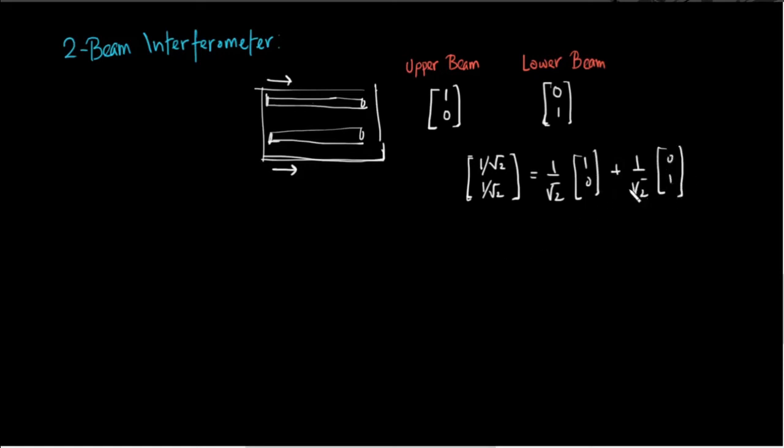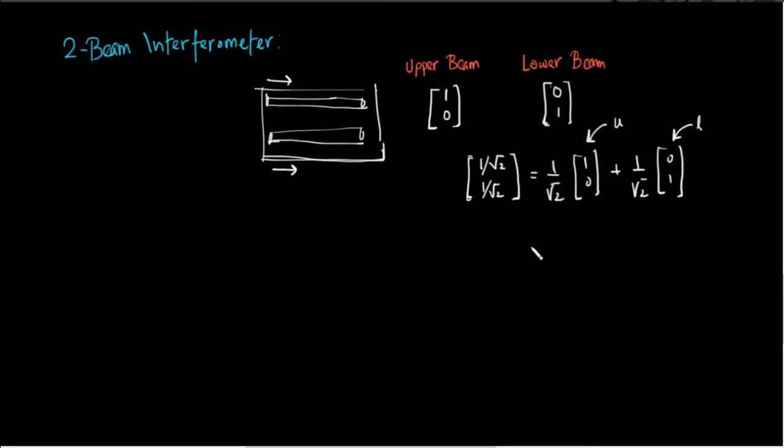So what does this mean? This state represents that the photon is in the upper beam, and this state represents that the photon is in the lower beam. So you see that there is some kind of a mixture of the upper state and the lower state.